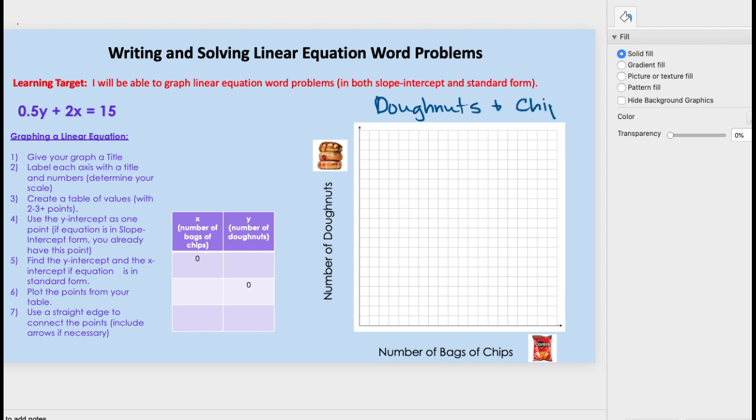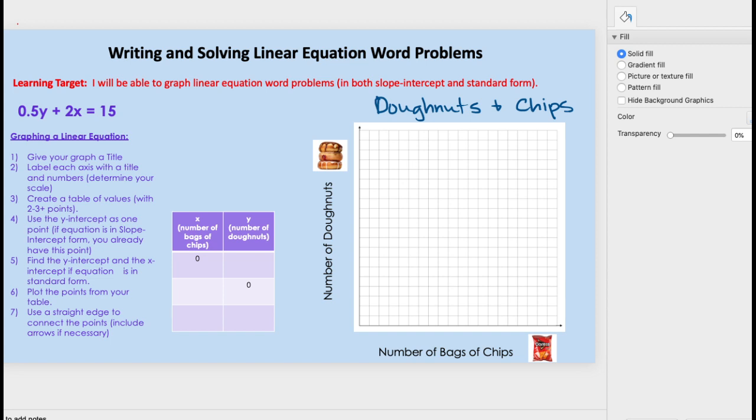The second step is to label each axis, your x-axis and your y-axis, with both a title and numbers. I've already given them a title, and now we need to determine the numbers. Since we previously decided that X was going to stand for the bags of chips, I made sure that label went with the x-axis.